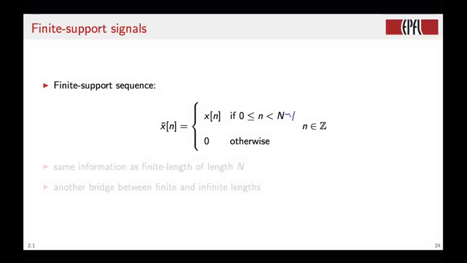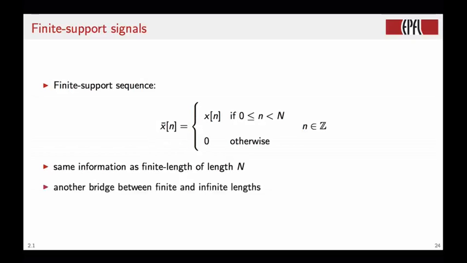A finite support sequence is defined by x bar, given here, and it's a sequence x[n] that is only different from 0 for n between 0 and N minus 1. It is 0 otherwise, and it has the same information as a finite length signal of length N, and it is another possible bridge between finite and infinite length signals.